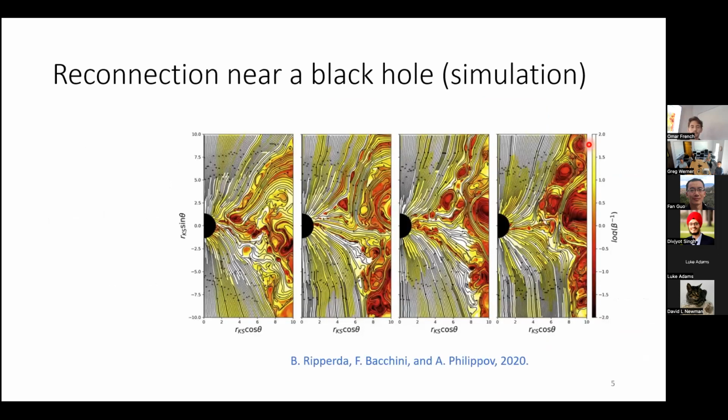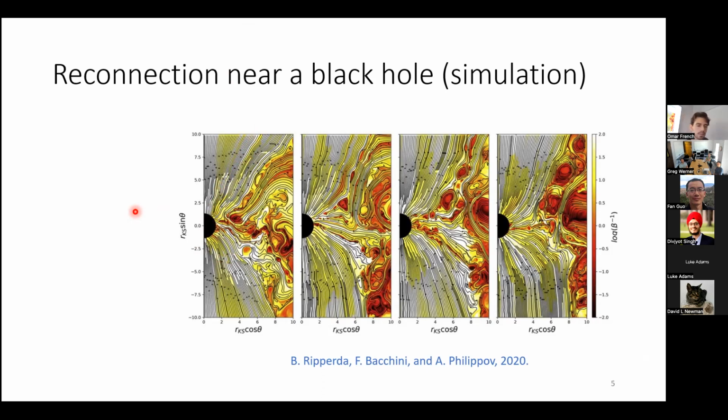So just to finish discussing astrophysical applications, here's a figure from a paper a couple of years ago by Bart Ripperda, Fabio Bacchini, and Sasha Philippov. And it shows that near a black hole, you may have these contours. This color bar here is showing the plasma beta, essentially.